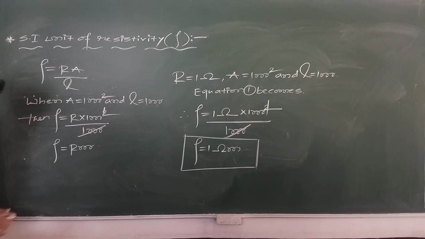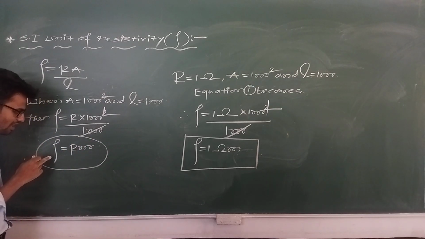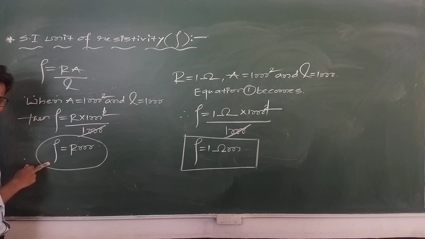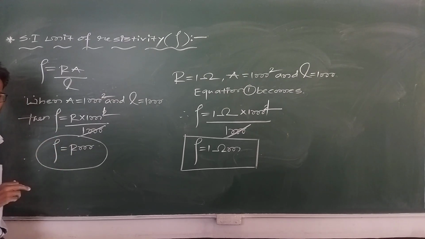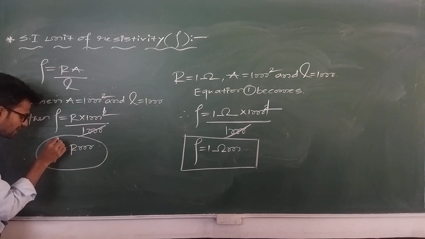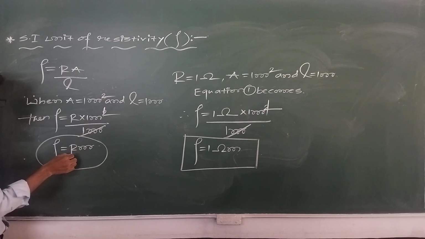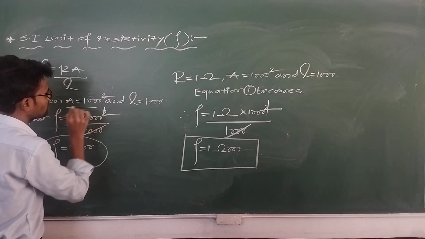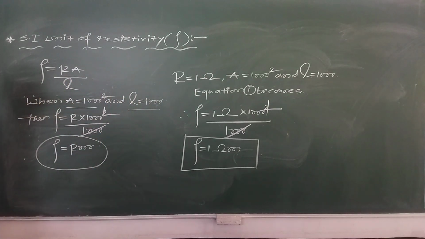See, here the resistivity of the material is equal to the resistance of the conductor when the area of cross section of the conductor is 1 meter square and the length of the conductor is 1 meter. Right?